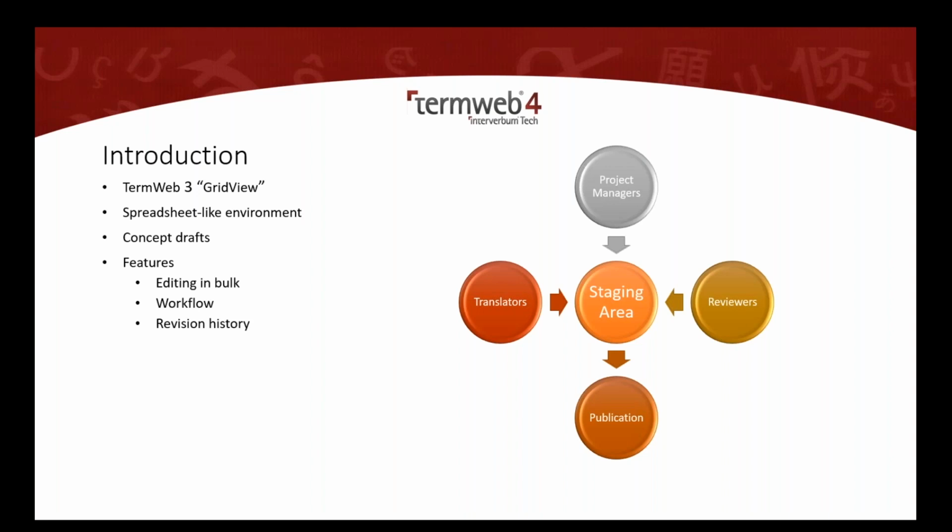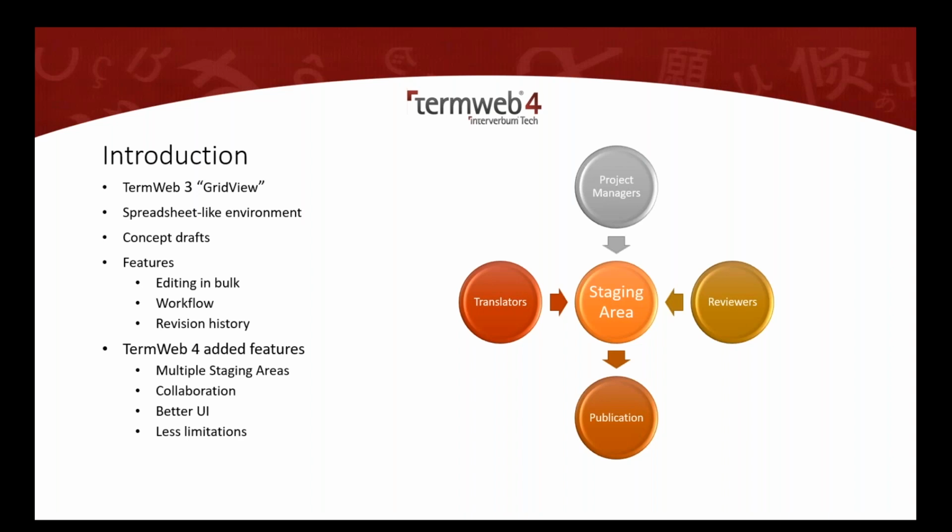We also connected this to our revision history, so that any concepts that were edited or created in staging areas became part of the revision history for each term base when published. This is something that we thought is essential for being able to translate and validate in a TermWeb environment.